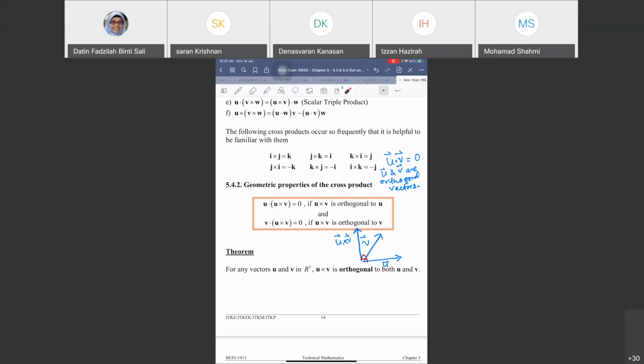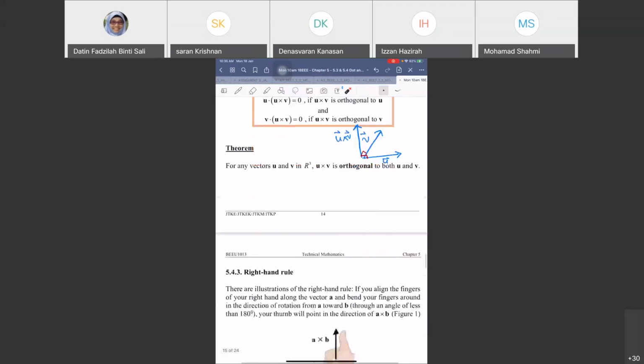Then you have this theorem: for any vectors u and v in R power 3, that means three-dimensional space, the cross product is orthogonal to both u and v. This is what I'm explaining here, that u cross v is orthogonal to u as well as orthogonal to vector v.